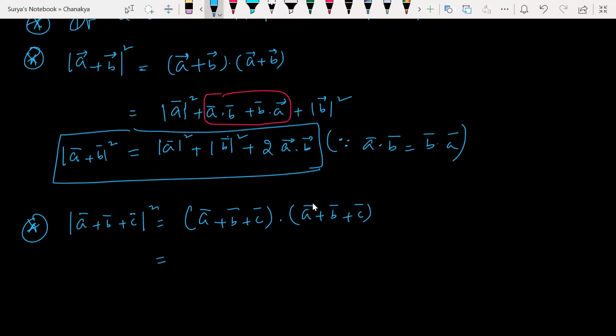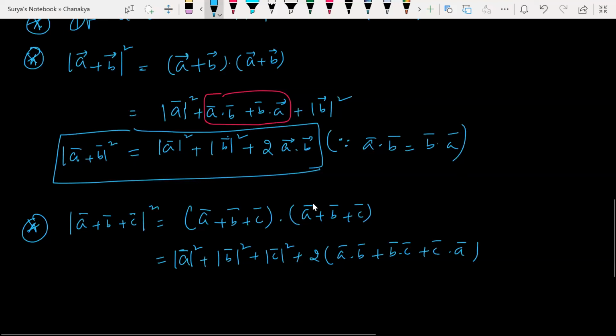So a rotated, what happens here? Magnitude of a vector plus magnitude of b vector plus magnitude of c vector plus 2 times of a dot b plus b dot c plus c dot a, like a plus b whole square formula, a plus b plus c whole square formula, isn't it?